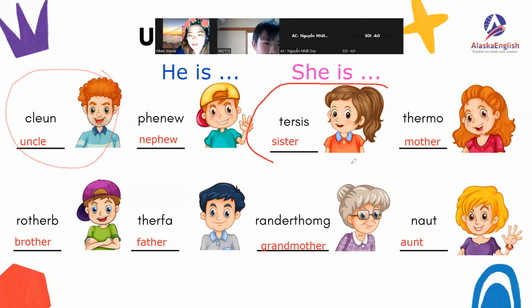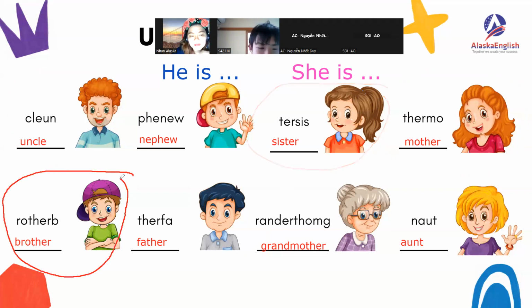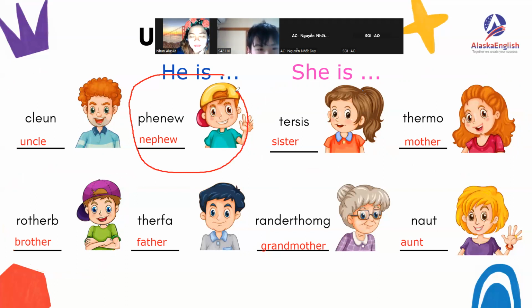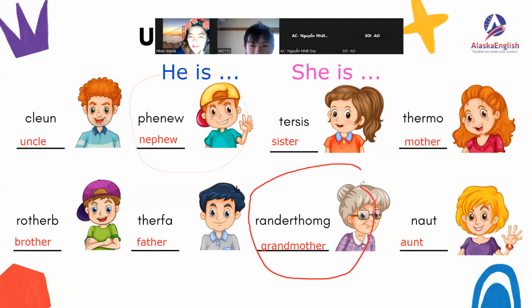This one. She is sister. This one. He is brother. This one. He is nephew. And she is grandmother. All right.